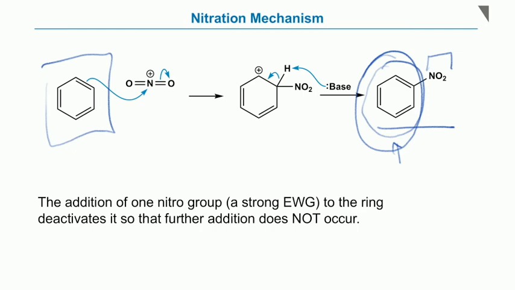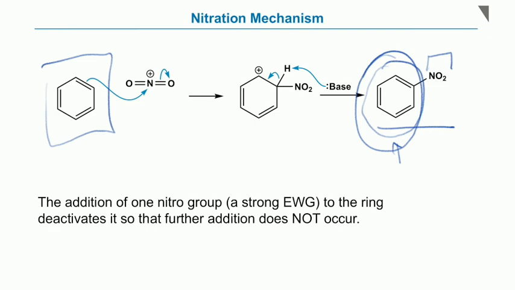Not saying you can't do polynitrations. It's just this is something where you're climbing a hill. Every nitro group or every electron withdrawing group you add is going to make the next addition even harder. So it's advantageous if you're trying to put only one nitro group in place, because the first one's easy, the next one gets harder, the third one gets almost impossible. But if you're trying to do this from a strategic point of view, one only, then you have a shot here.